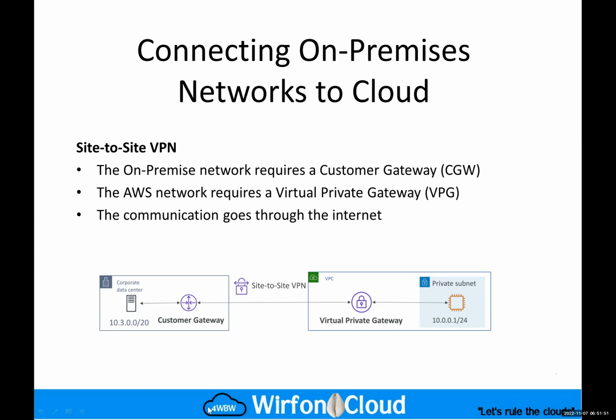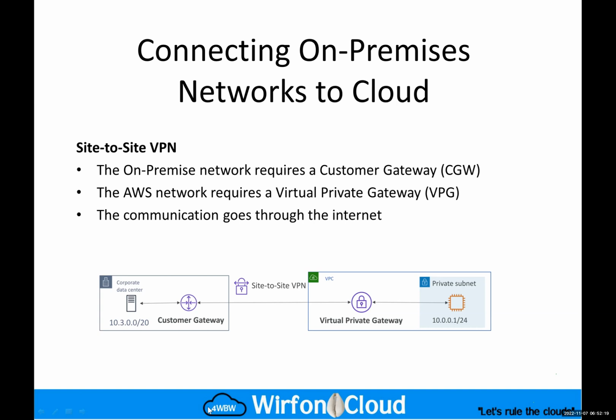Imagine, for example, a bank that has a data center on-premises, and that same bank has gone to AWS and created a virtual private cloud, a VPC. Now they want their resources in the AWS VPC to communicate with their resources in the data center. So you have two options.